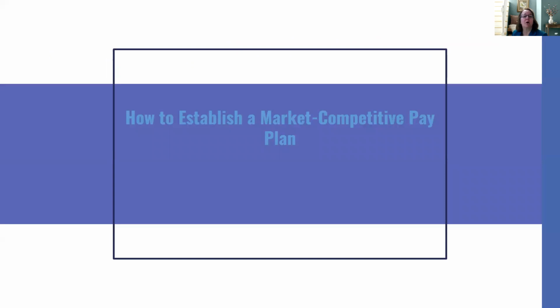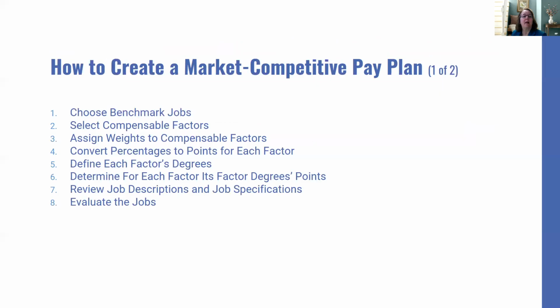So how to establish a market competitive pay plan. In a market competitive pay plan, a job's compensation reflects the job's value in the company, as well as what other employers are paying for similar jobs in the marketplace.